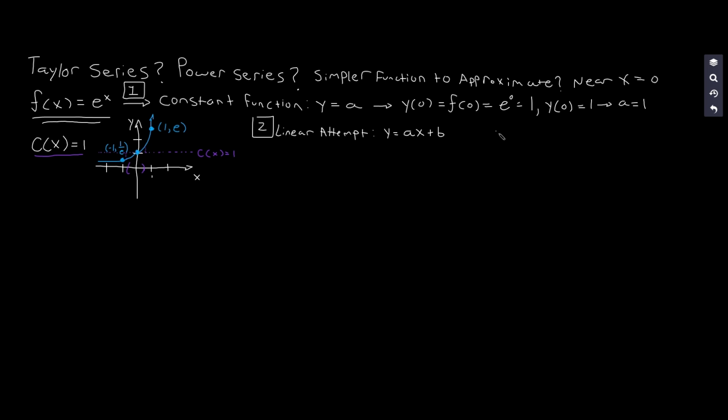So the a is the slope, and we'll do this so that we have y of 0 equals f of 0. And then y prime of 0, its derivative, is going to equal f prime of 0.